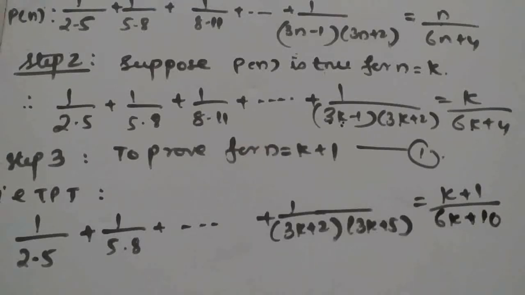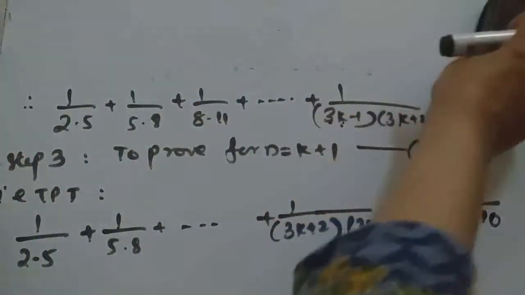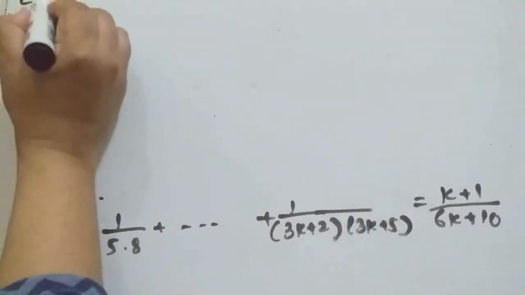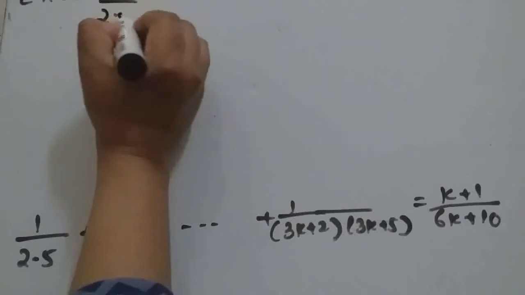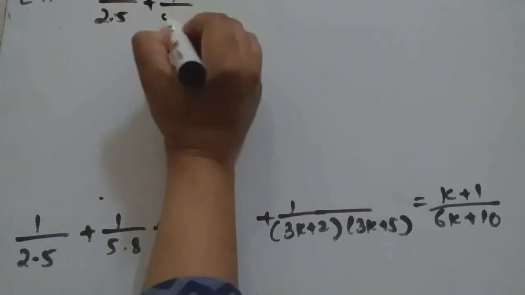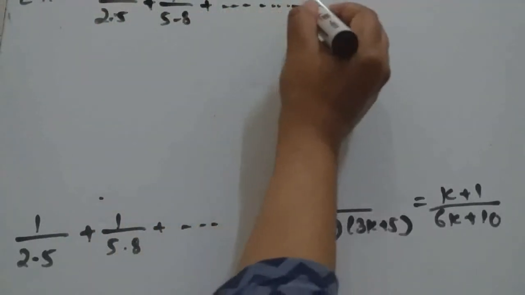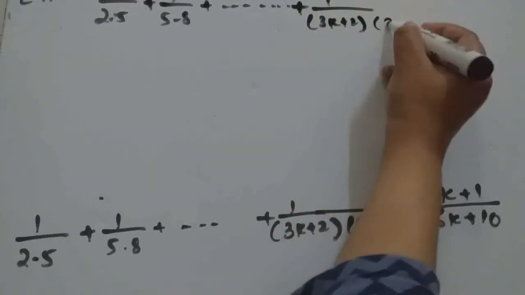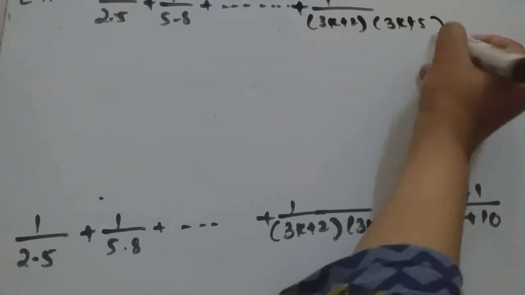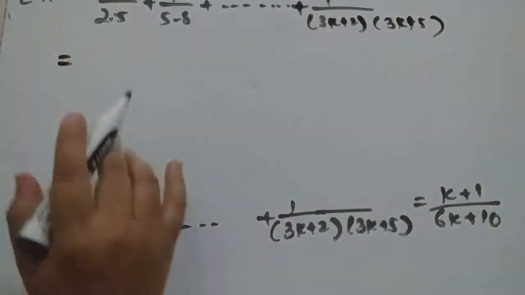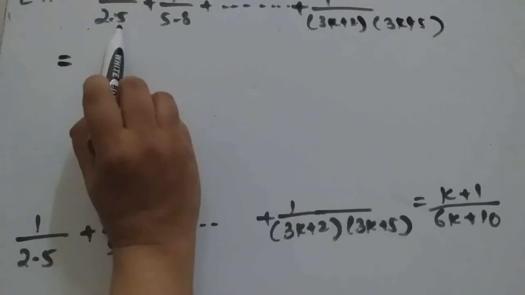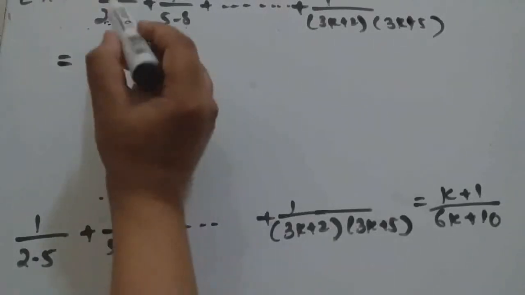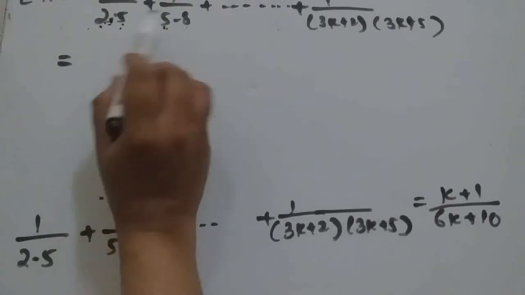So the left hand side we will consider here. LHS is 1 by 2 into 5, 5 into 8, and then the last term. If you observe here, 2 into 5, 5 into 8, there is a difference of 3 in each number. 2 plus 3 is 5, 5 plus 3 is 8.